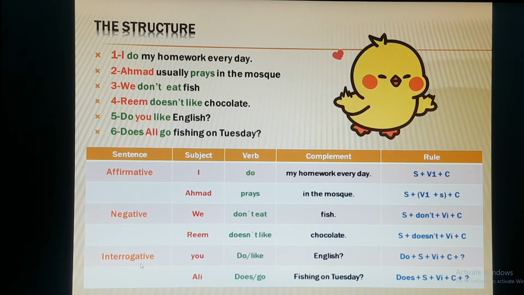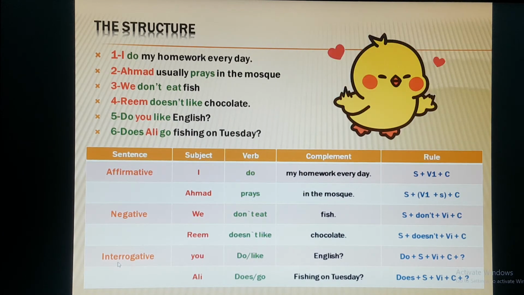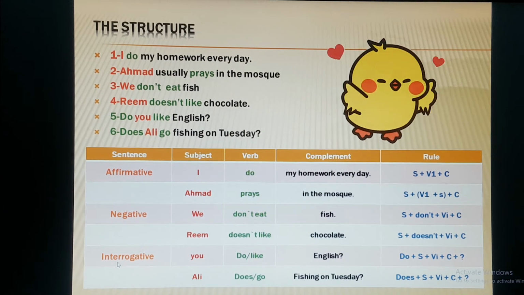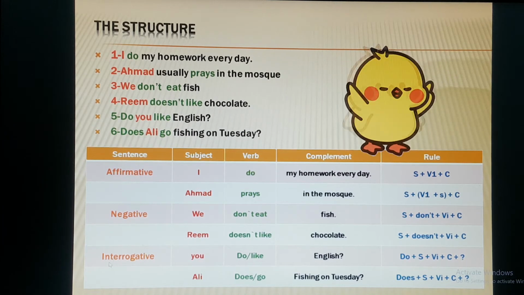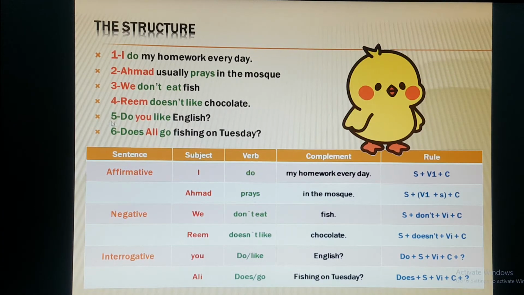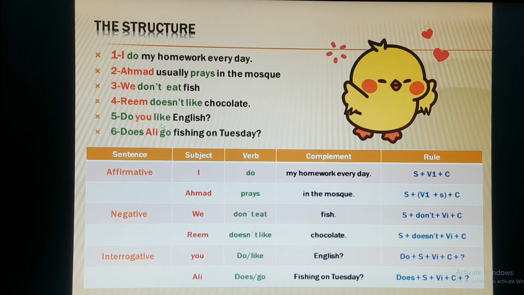But in the interrogative form بالسؤال بنبلش بالفعل المساعد اللي هو do or does here، بعدين بالفاعل، بعدين بالفعل، بعدين الcomplement. So in the interrogative we have, you here in 5, you is the subject, do like is the verb and English complement.